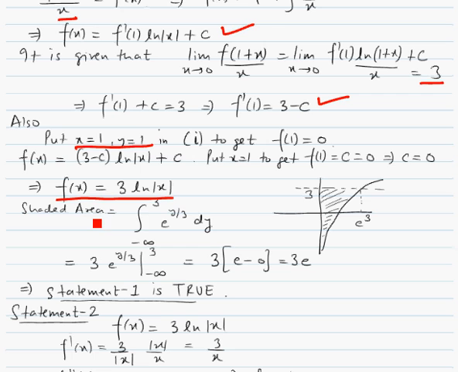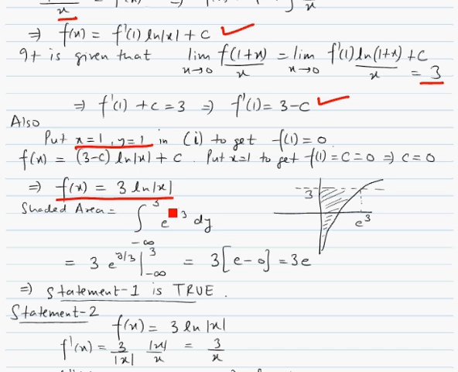Now once we have f(x), we can find the area bounded between f(x) and this line. We are supposed to find this area, and for that we apply the right minus left formula. For that we need to express x as a function of y.